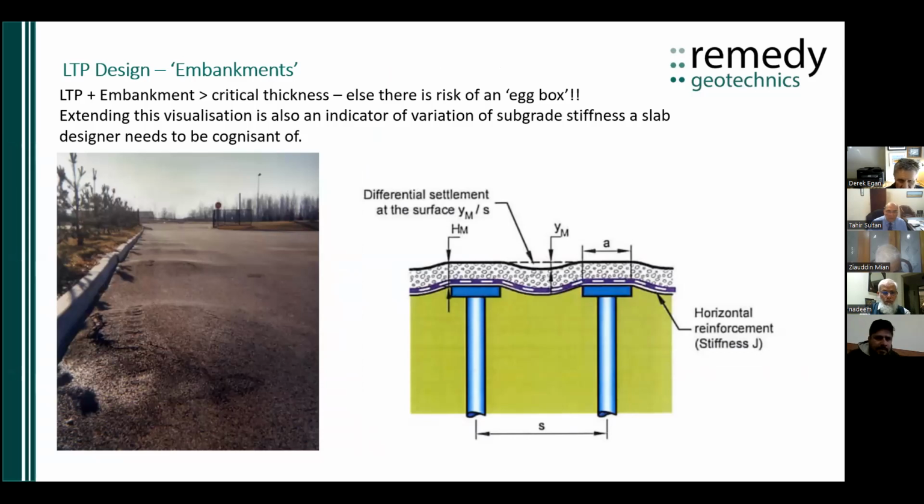I will dwell on a couple of points though, and that is, I call them embankments, and you've got to make sure that if you are not supporting on a slab or a foundation, that your thickness of material above the head of the column is adequate and it's greater than what they call this critical thickness.